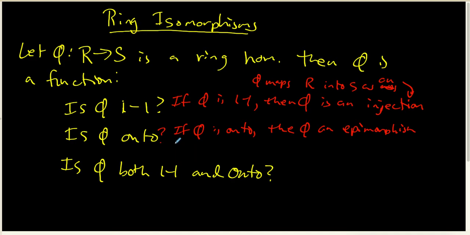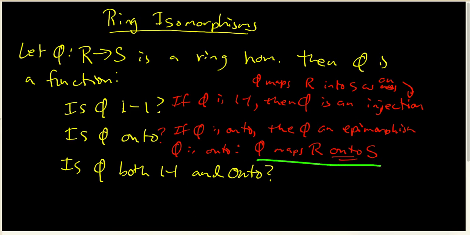But the main thing that I want to think about is that phi is onto is often referred to in English as phi maps the domain ring onto the target ring. So if you see this kind of language describing phi, it means that we know that phi is onto.